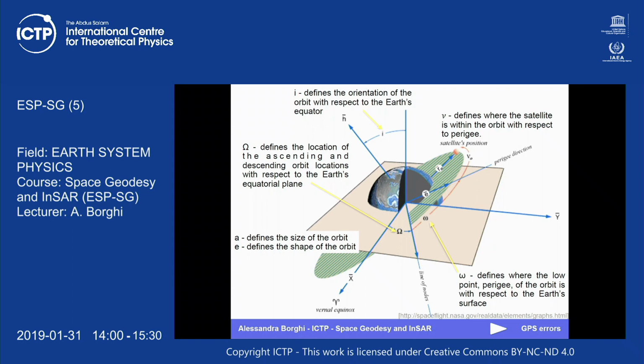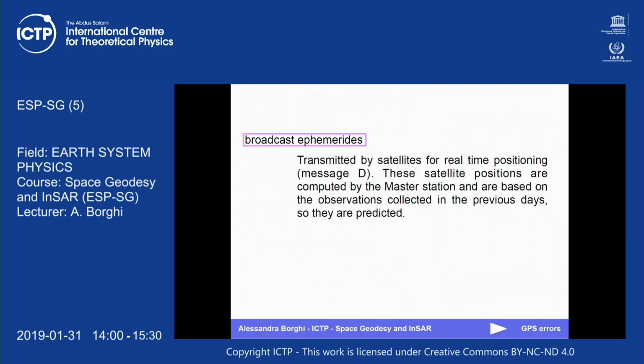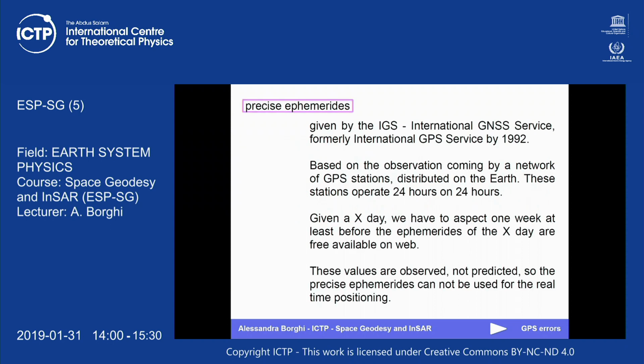Okay, so we need to have these quantities to define the position of the satellite, and we can find this information in the broadcast ephemerides that are transmitted by the satellite using the navigation message.